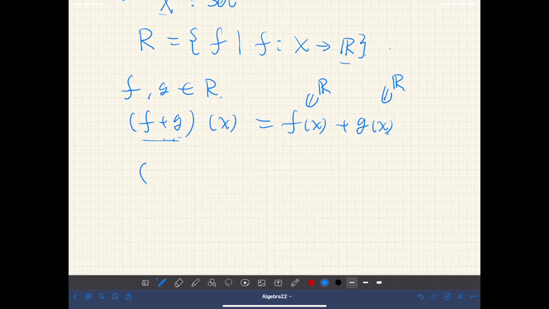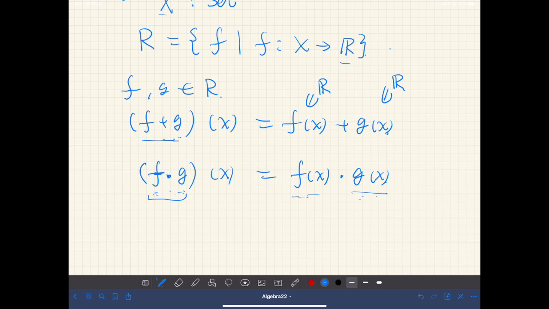We also define a multiplication of two functions, f dot g of x, defined by f of x times g of x. Again, the right hand side is just a multiplication between two real numbers, so this is well defined. On the left hand side, f dot g is a new function defined in terms of two given functions.